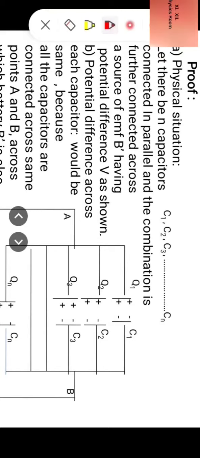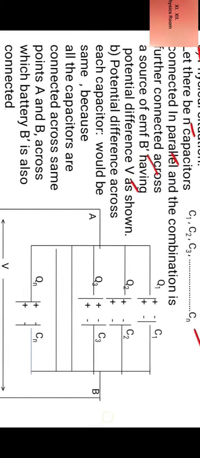Now let us prove the law of parallel combination of capacitors. First we develop the physical situation. Let there be n capacitors C1, C2, C3, so on Cn connected in parallel, and the combination is further connected across a source of EMF B dash having potential difference V as shown in diagram.